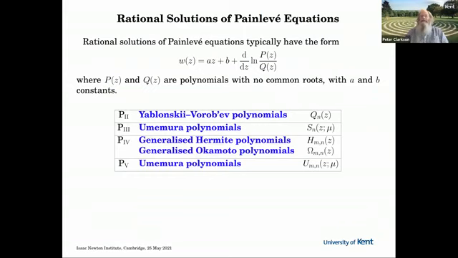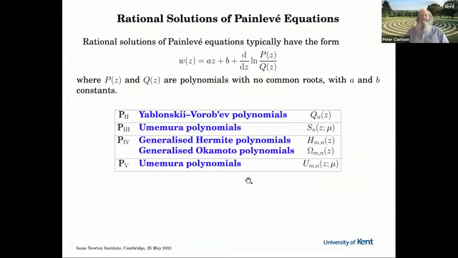The first one I'm going to look at is the so-called Jablonski-Vorob'ev polynomials. For Painleve 3, they're known as the Umemura polynomials, and they involve a parameter mu. For Painleve 4, there are 2 sets of polynomials, which we're going to see, the generalized Hermite and the generalized Okamoto, and these depend upon 2 integers, m and n.